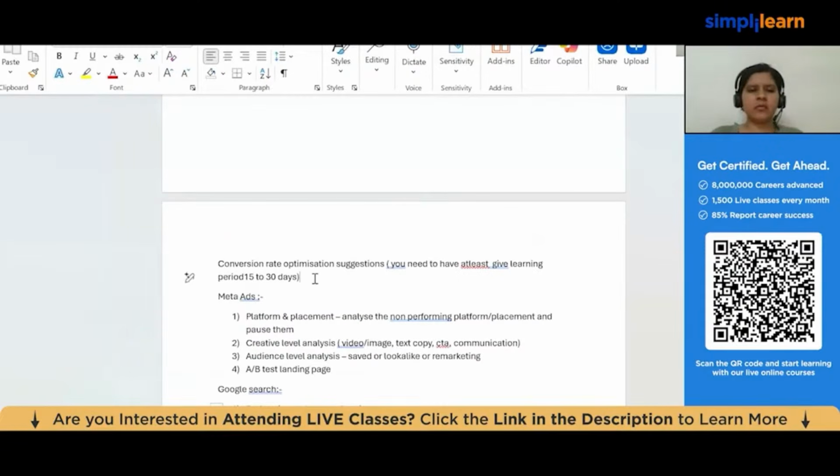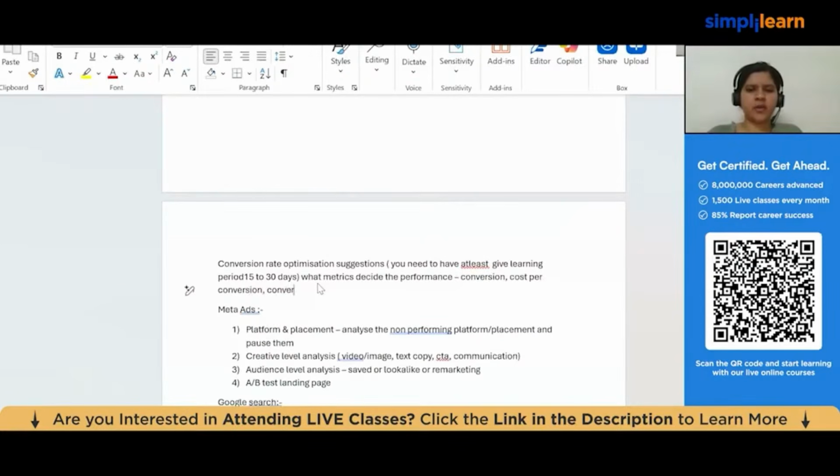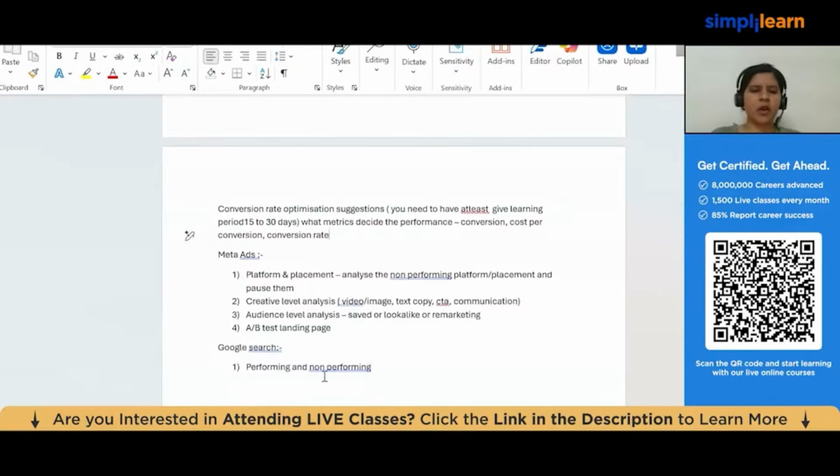The metrics that decide the performance are your conversion, cost per conversion, and your conversion rate. If one keyword has a conversion rate of 1% and another has a conversion rate of 10%, obviously the 1% is non-performing, right? So the first one is all about performing and non-performing keywords. Very important. You have to tell your client.